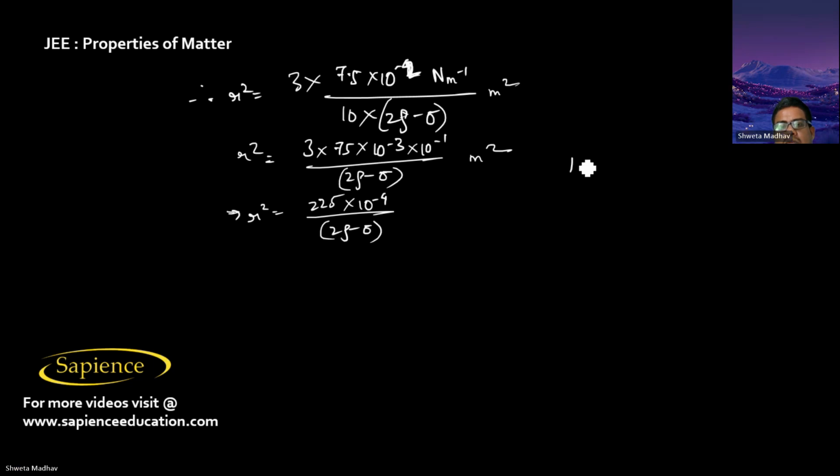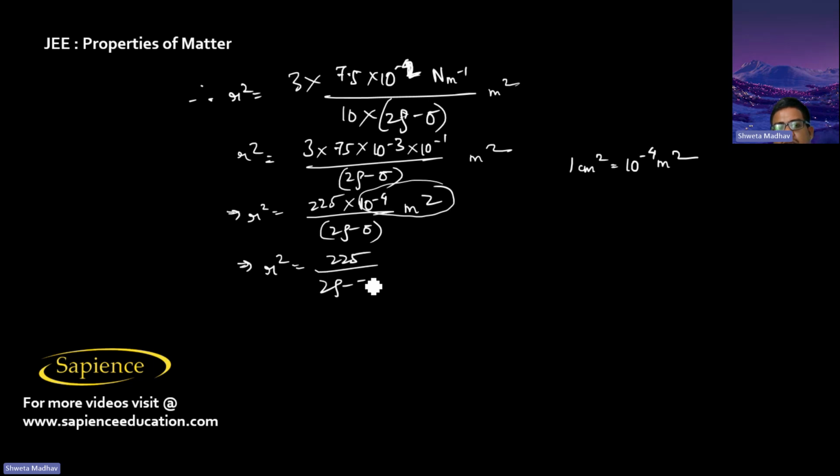Now 1 centimeter square is equal to 10 power minus 4 meter square. So this 10 power minus 4 meter square, I can write as 1 centimeter square. So r square will be 225 by 2 rho minus sigma, in centimeter square. Therefore, if we take the square root on both sides, r will be 15 by root over 2 rho minus sigma centimeter.